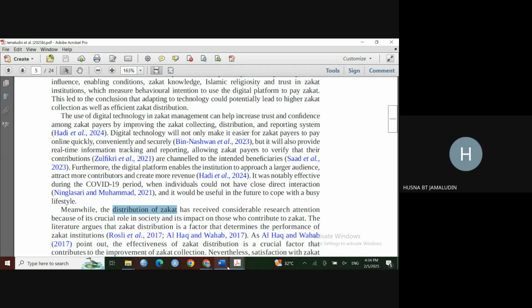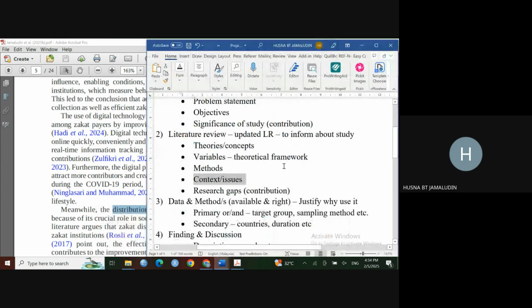Remember, different studies may need to review different aspects. It is not necessarily that I'm reviewing theory and you are doing zakat. You are also reviewing zakat, but people already know what zakat is, right? So you have to look at your objective. If your objective is to find out the variable and you don't know the variable, review the variable.